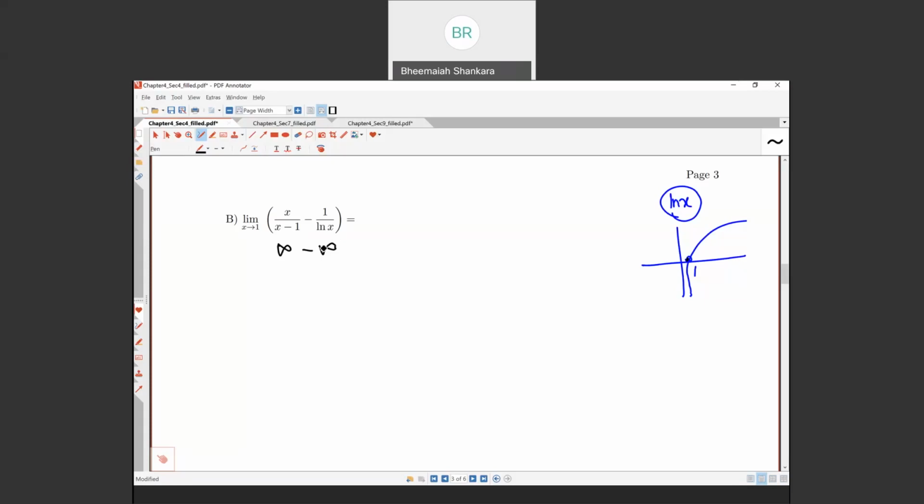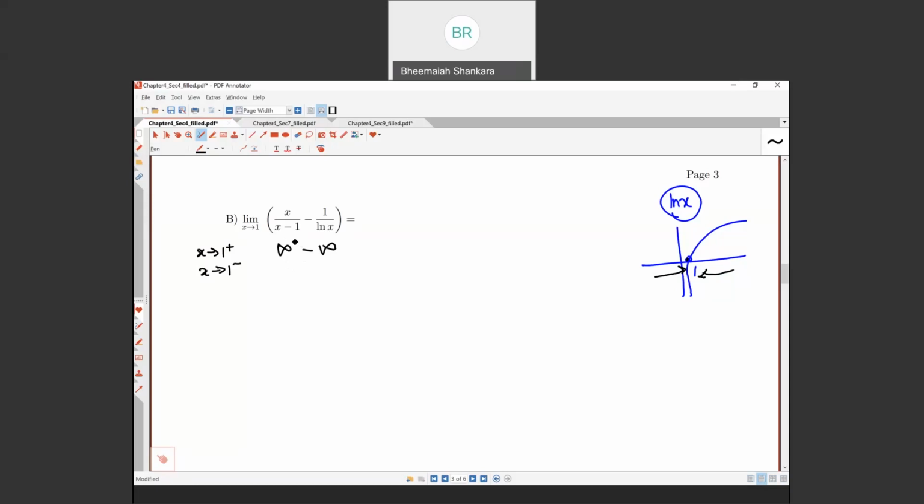So when x is approaching 1 from the right, 1 plus, that's in this direction, I have the value of the function to be infinity minus infinity. Similarly, you can try when x is approaching 1 from the left, that's in this direction. I have 1 over 1 minus 1, so 1 minus 1 will be 0, and then I have 1 over 0, which is infinity.